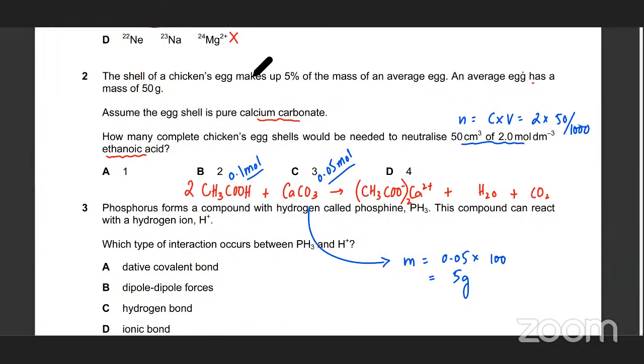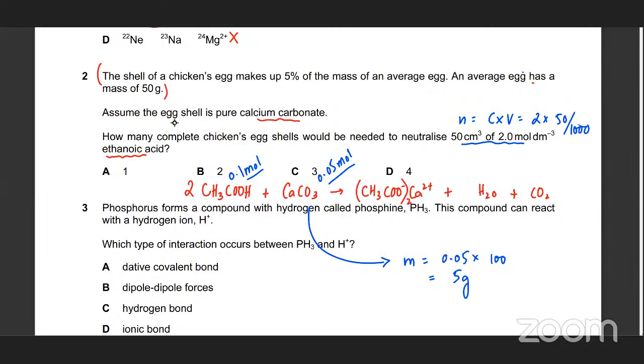So he has given that the shell, now this first statement. Remember, we're looking for 5 grams of calcium carbonate. Now he's saying that the shell of a chicken's egg makes up 5% of the mass of an average egg, and that the shell is pure calcium carbonate. So 5% of 50 grams is pure calcium carbonate.